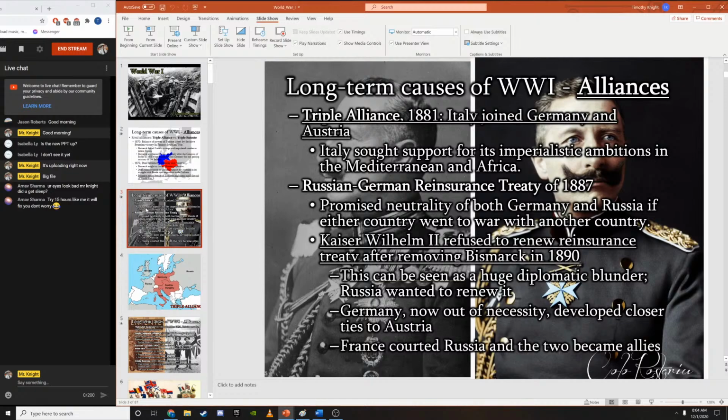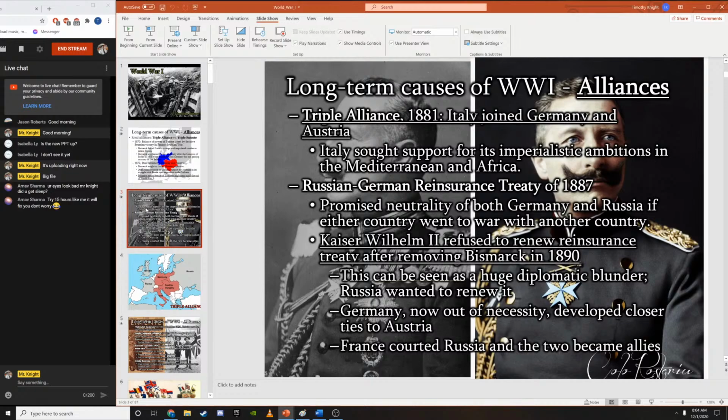And it was known as the Reinsurance Treaty of 1887. Basically, what this agreement was between Russia and Germany was that both sides promised to stay neutral if either side went into war with another country.